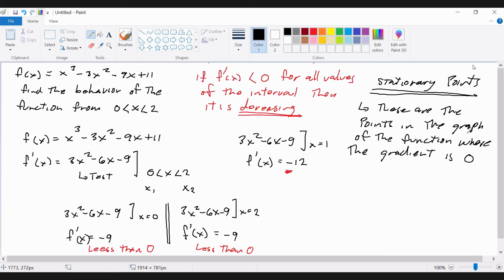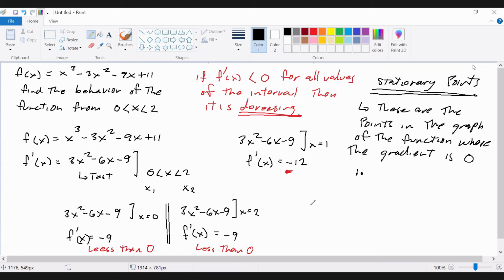There are two types of stationary point. Number one, the first type of stationary point is called, wait, I forgot. Maxima?